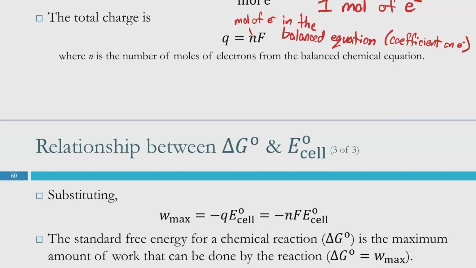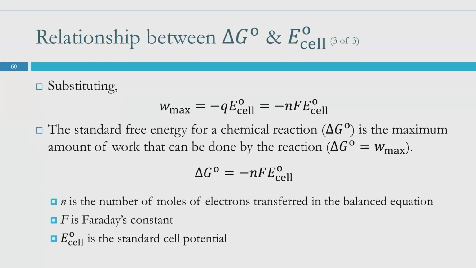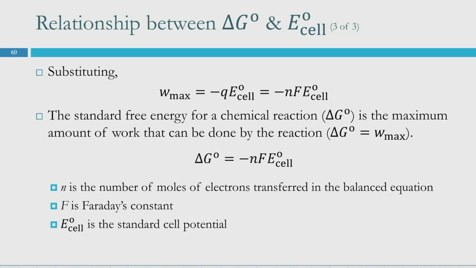So we can substitute that into our Wmax equation. And since the standard free energy is the maximum amount of work, like I mentioned earlier, we can trade out standard change in free energy with Wmax, or work max. And so we get this very helpful, very important equation.